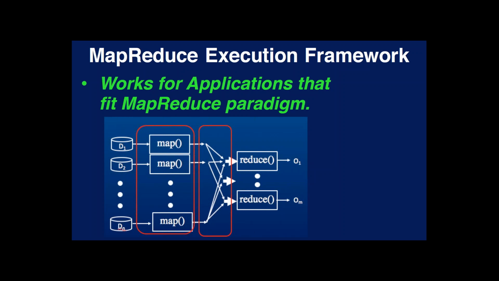Usually in any application in Hadoop, the MapReduce framework has these phases. Data will be there. On top of data we will run map, in between sort and shuffle will be there, and then reduce, then output.